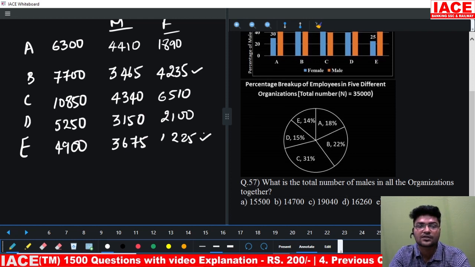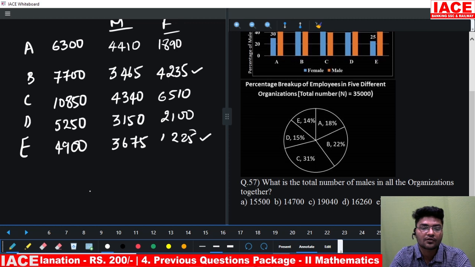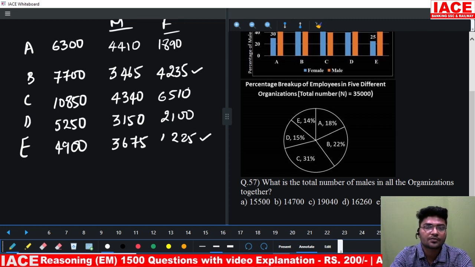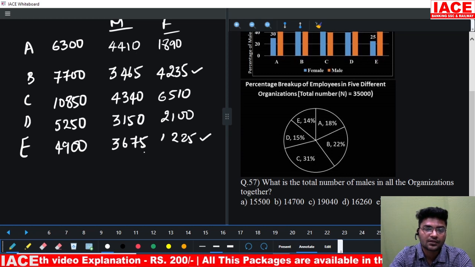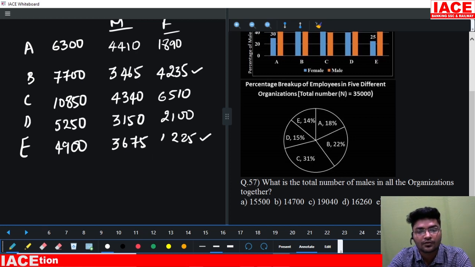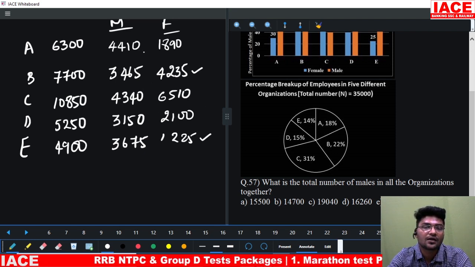So I would first check with options. If I first check with options, then it would be much more convenient. So if I check with options for males, this is 50 plus 40, 90.